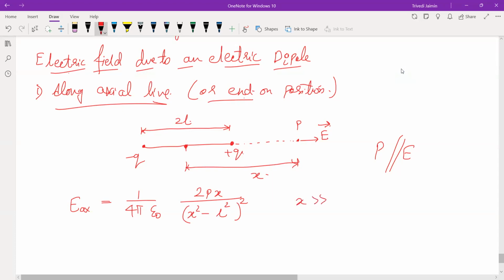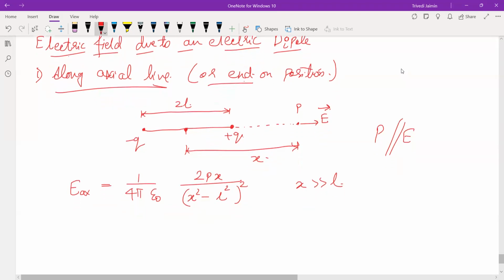X is very, very much bigger than L. This is the formula. In some books they take A here. Whatever variable they use, it doesn't matter.